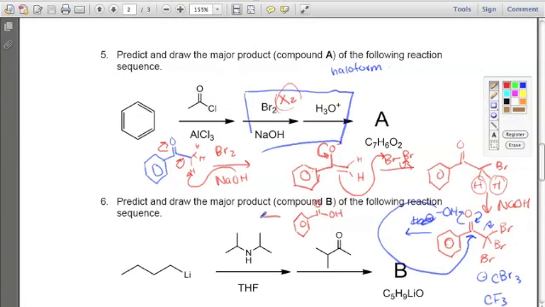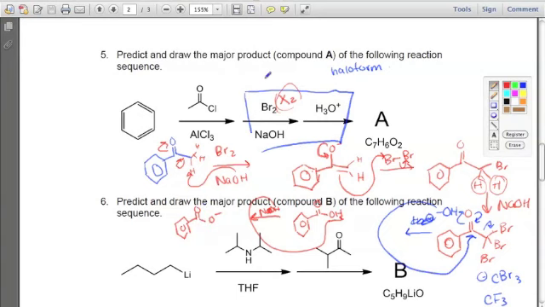OH. But now remember, you are still in basic conditions, so you can never really have alcohols or the alcohol portion of the carboxylic acid protonated, because you are in a base. And that is going to come in and pluck that off, and you're going to be left with this.